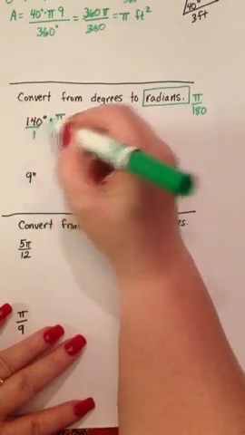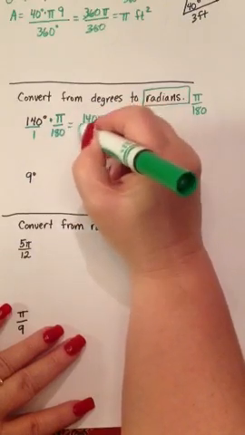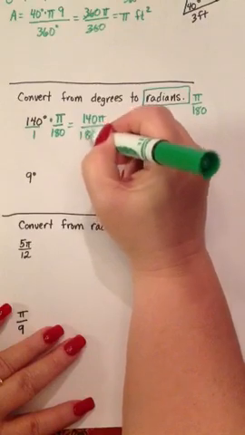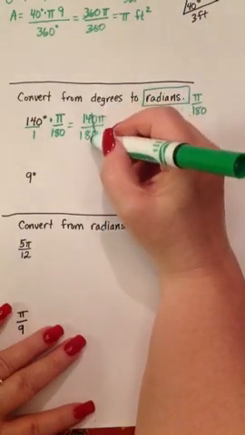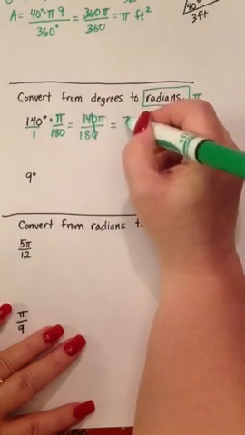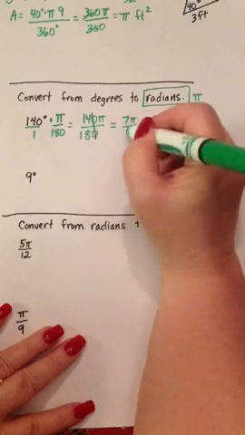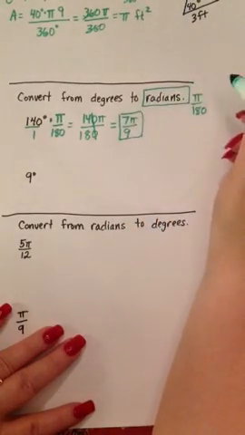So it's like 140 over 1 times pi over 180, or 140 pi divided by 180. The zeros cancel, so you get 14 over 18. I think I could split both of those in half, right? Half of 14 is 7, and half of 18 is 9. So the answer would be 7 pi over 9.